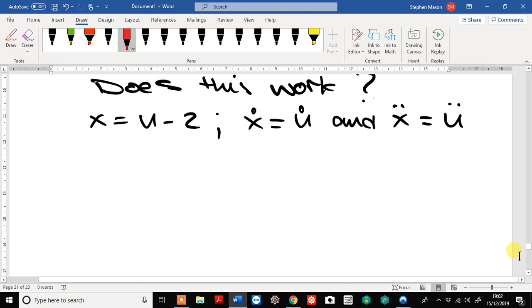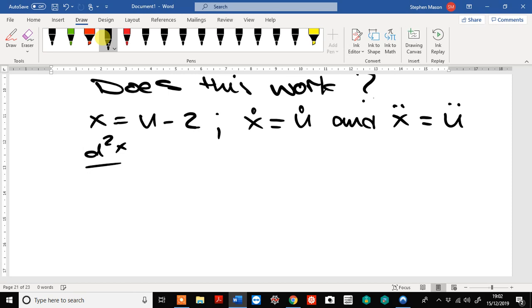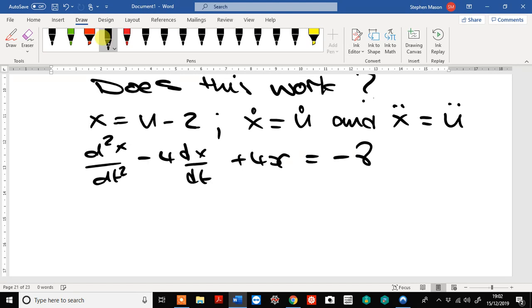Yeah, so I'll just rewrite the equation out again. We've got d squared x by dt squared minus 4 dx by dt plus 4x equals minus 8.